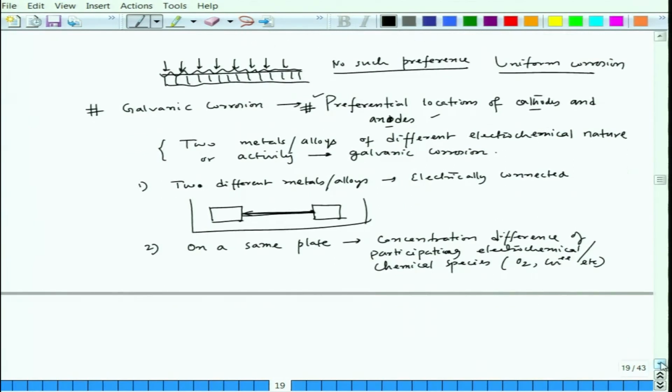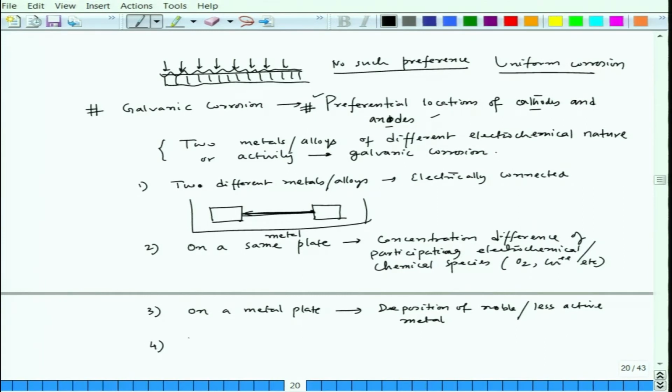Now, there could be a possibility on a same plate, and whenever I am talking about same plate, I mean the metal plate, of deposition of a noble or less active metal.